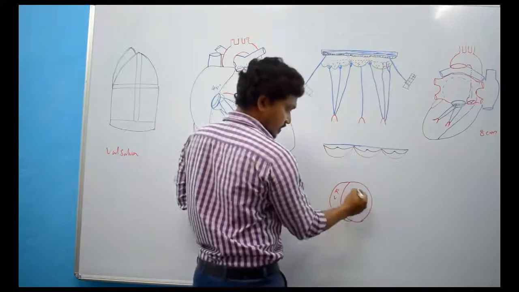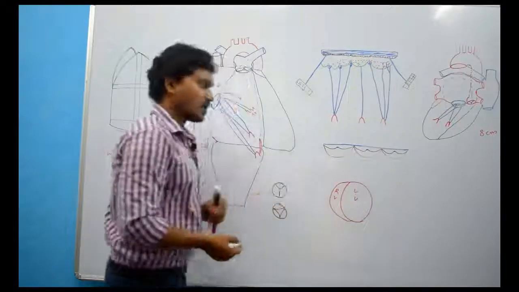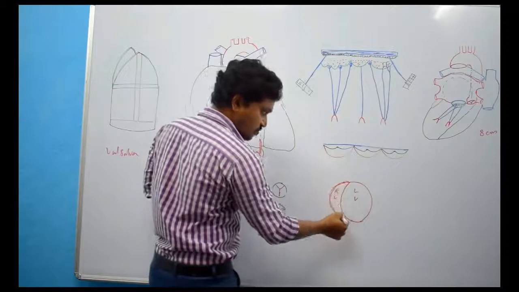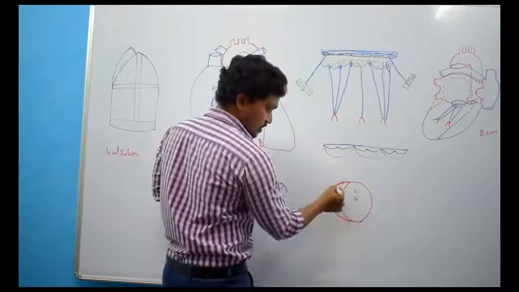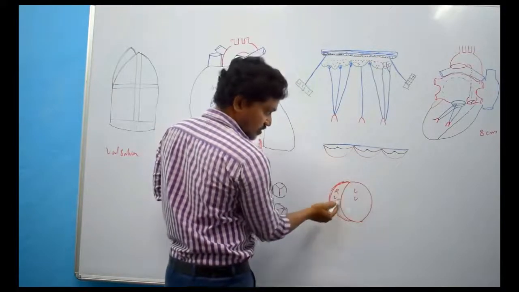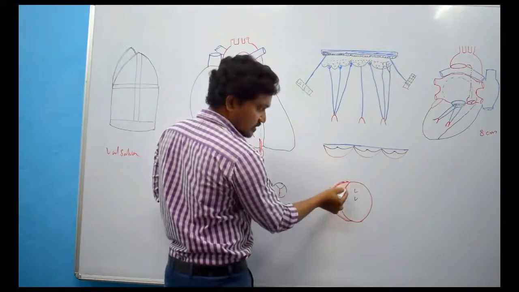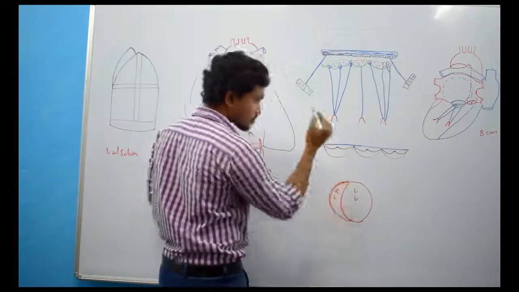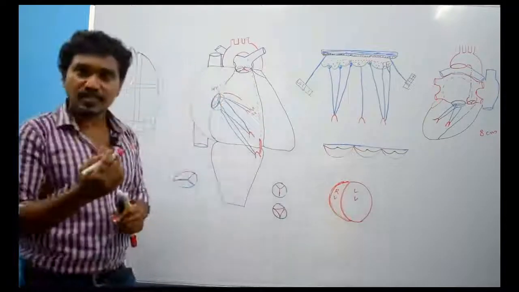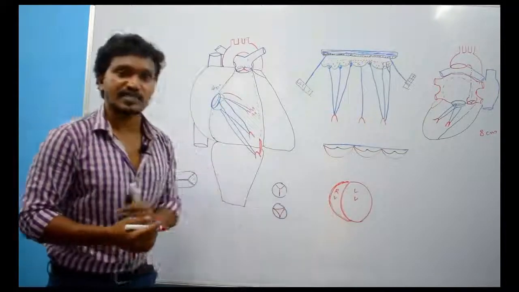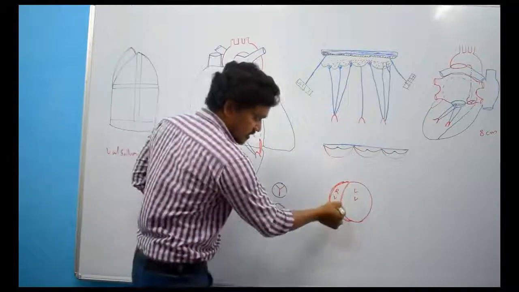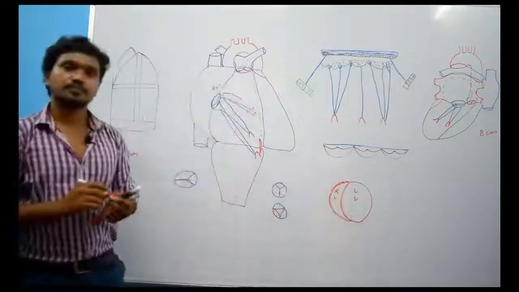The left ventricular cavity is circular and the right ventricular cavity is concentric or half-moon shaped. Why? What is this structure? Interventricular septum. This interventricular septum is bulging towards the right side, towards the right ventricle. That's why this is concentric and this is circular.